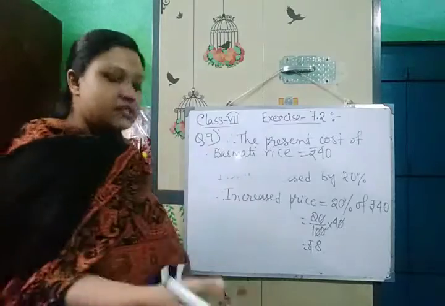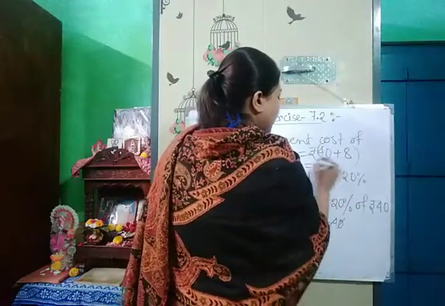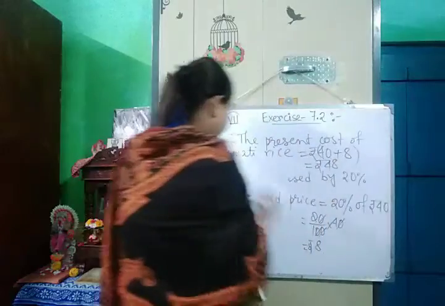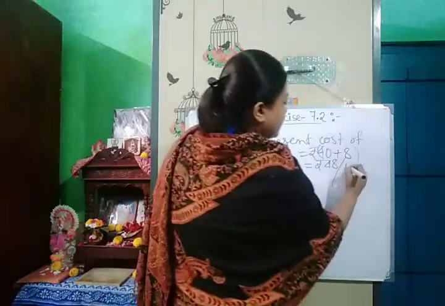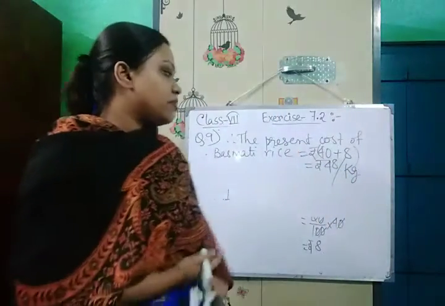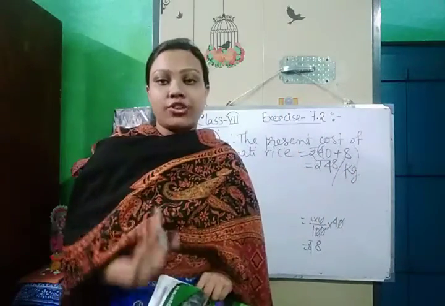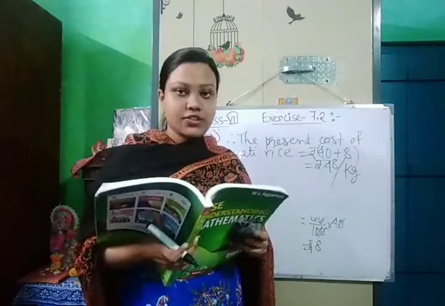Now it has increased by 8. So 40 plus 8, that is rupees 48. After writing rupees 48, don't forget to write per kg. So the present cost of basmati rice is rupees 48 per kg. Okay, that means the cost of 1 kg is rupees 48.